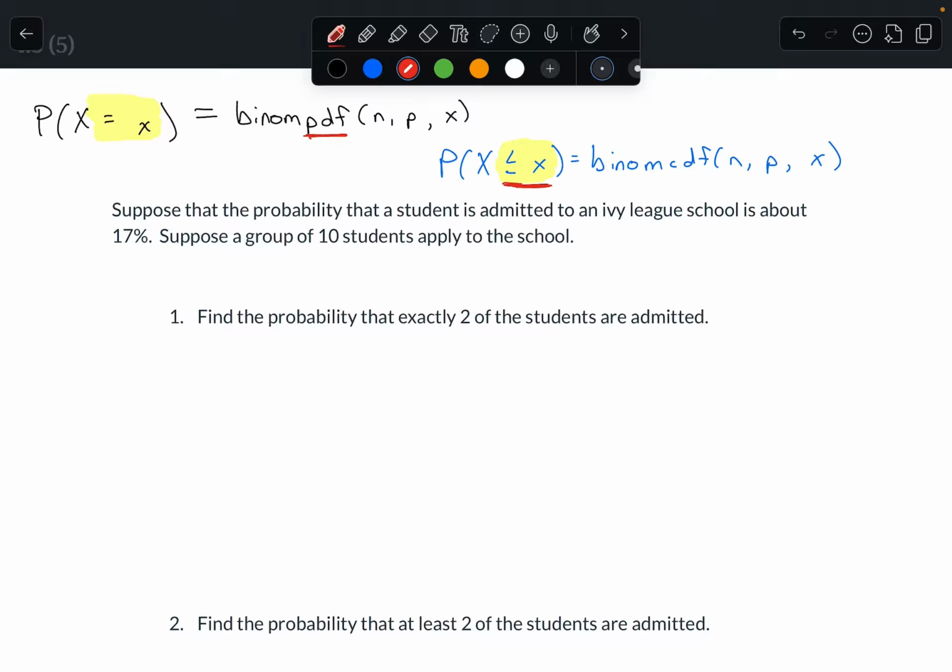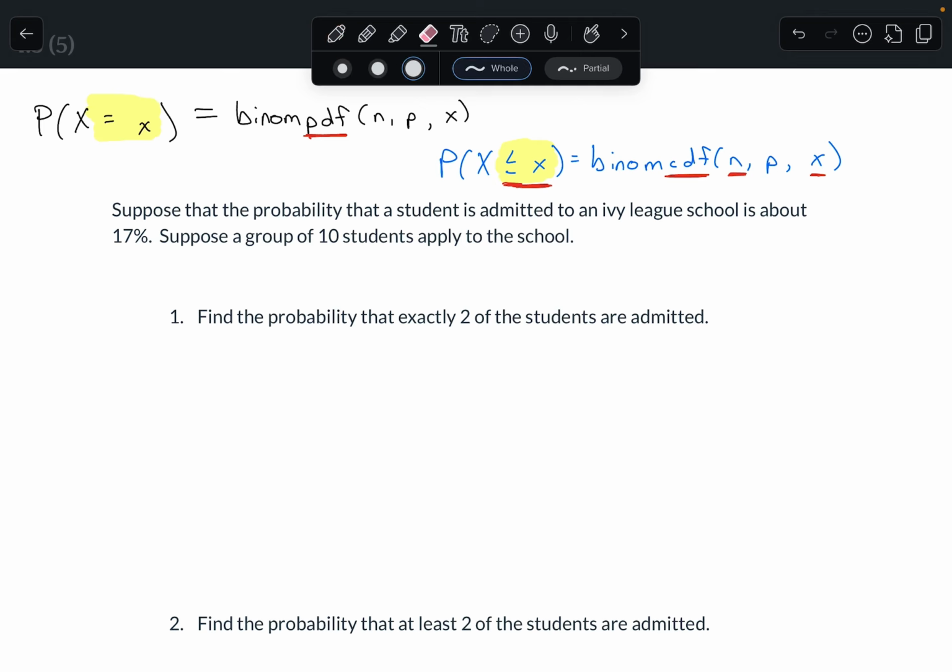If I have greater than or equal to, or strictly less than, I'm going to have to get creative about how I type this into my calculator. We'll talk about how to do that in a couple of examples here. In those cases, I'm going to use the binomial CDF function, again using n, p, x, so n being the number of trials, p the probability of success, and x the number of successes.